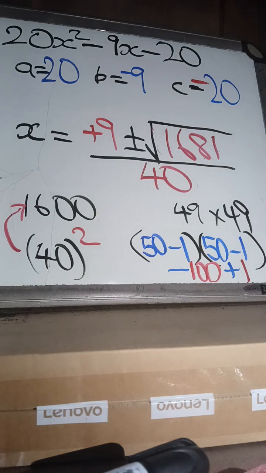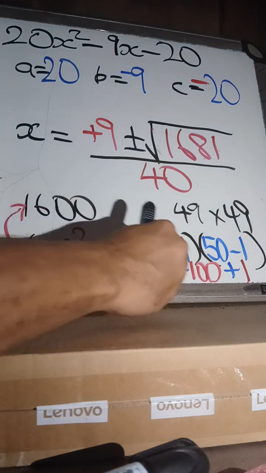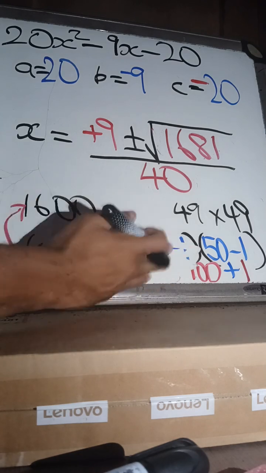And then 50 times 50, that's what? That's 2,500. So you subtract the 100 from the 2,500. So your answer is 2,401. And if you put that in your calculator, chances are that's what you're going to get.